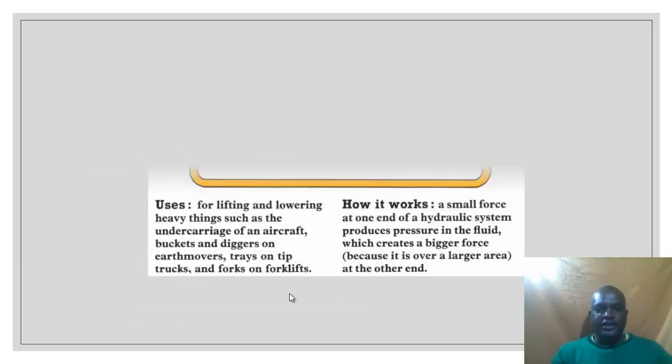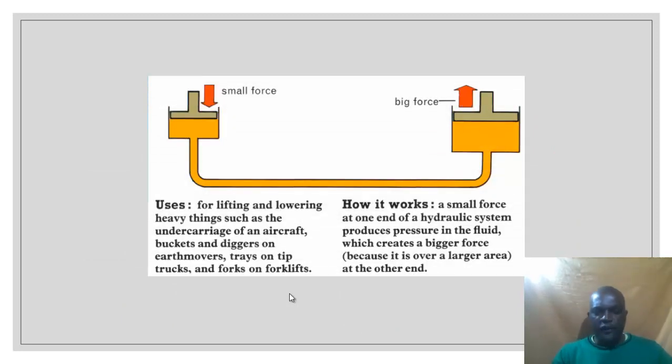Lastly, let's look at this picture of what we are saying. We've got a small force, and this gives us a bigger force. For example, it can be used for lifting and lowering things. So you've got your car jack that's lifting up heavy things.